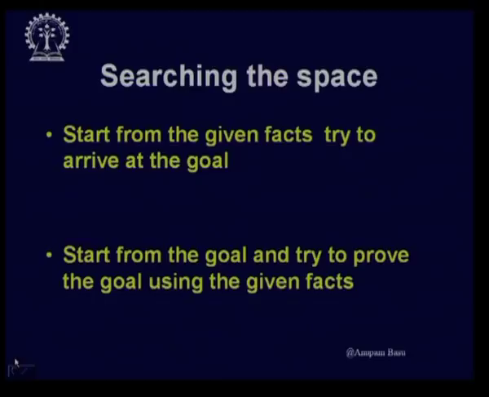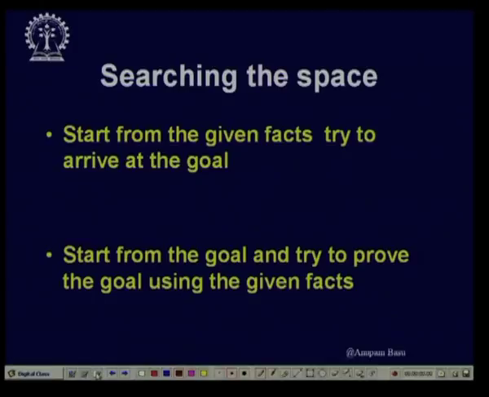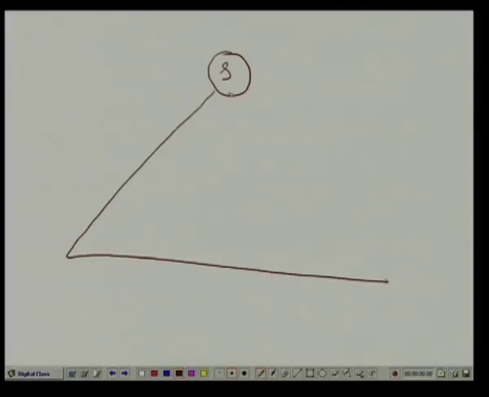I prefer to always present this sort of diagram. Say here we have a start state, and there are different paths through which I may go. Now, my goal node might be here. This is my goal node where I want to reach.